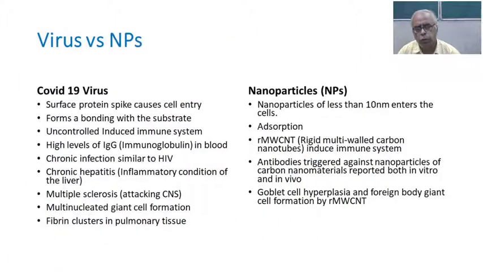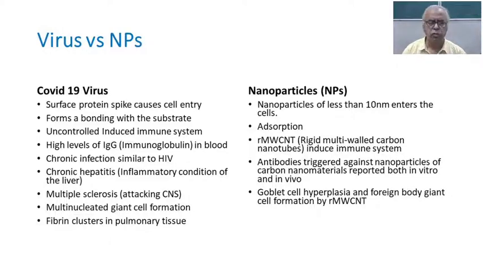Now we'll talk about the correlation between the COVID-19 virus and nanoparticles. As I already mentioned, the COVID virus has a surface protein with a spike, which may cause cell entry. And its size is almost 100 nanometers, so that it can form a bonding with the substrate.